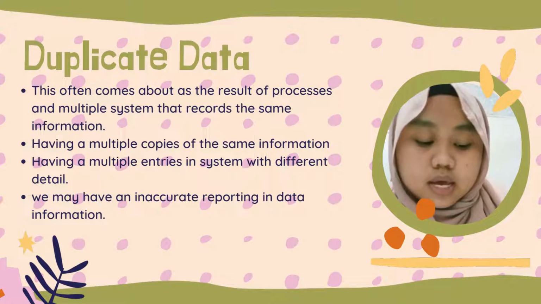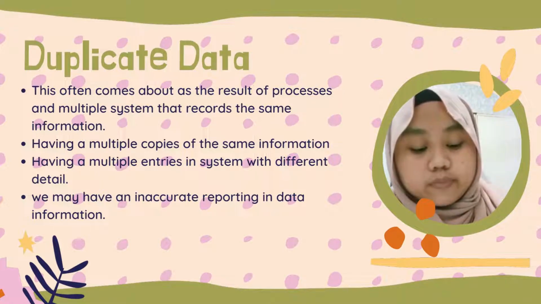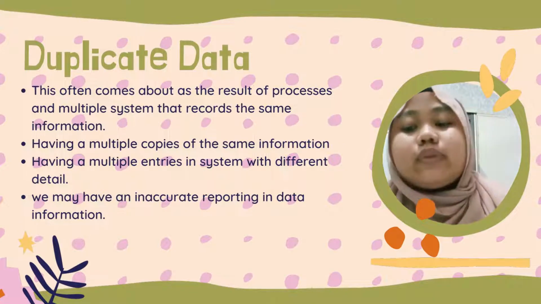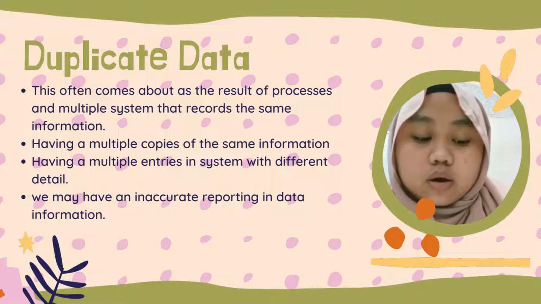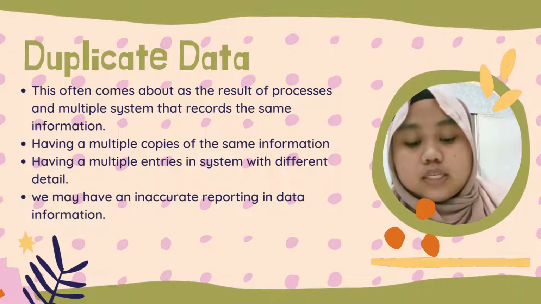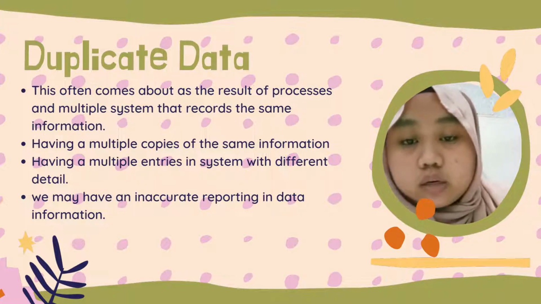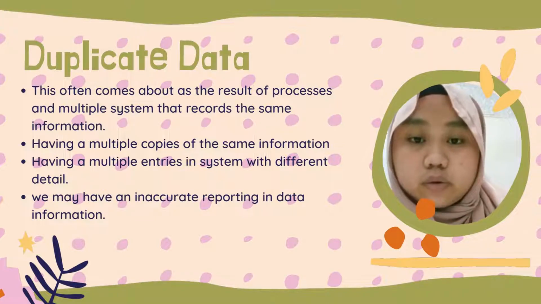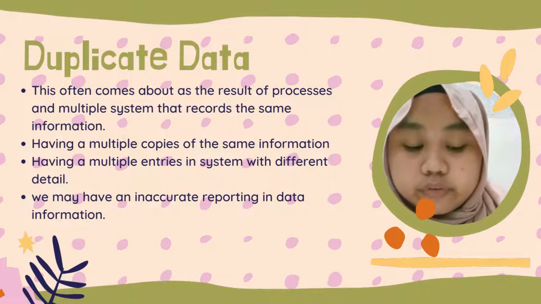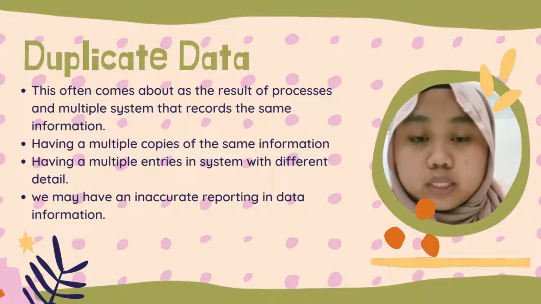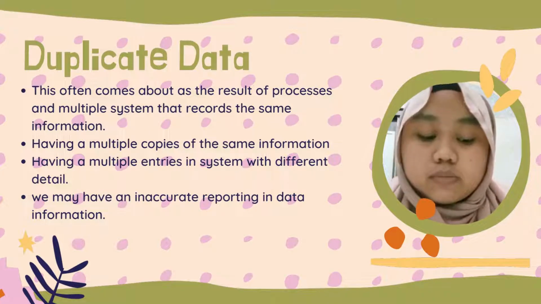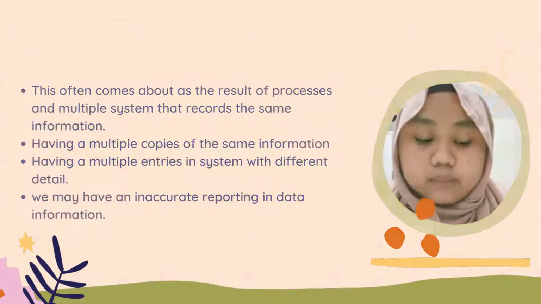Lastly is inaccurate reporting in information and data. We have to make sure that the data we record and collect is accurate, complete, and duplicate-free. Cluttering up our database with poor quality data will impact management in digital information.